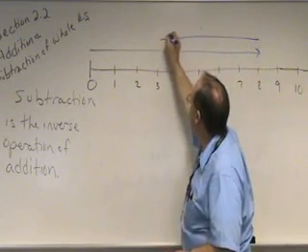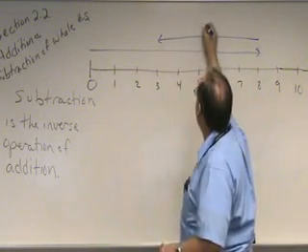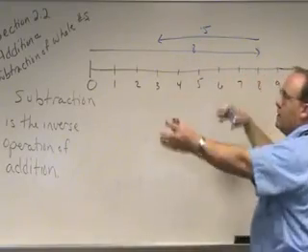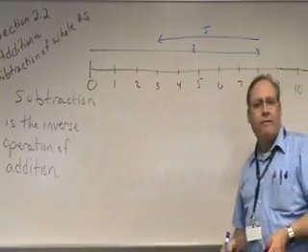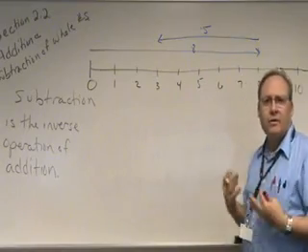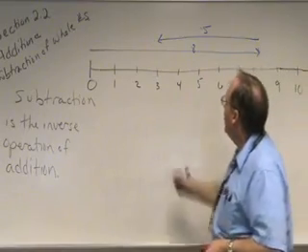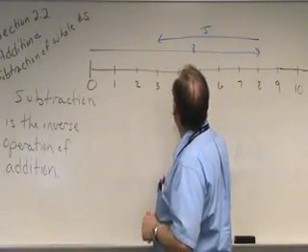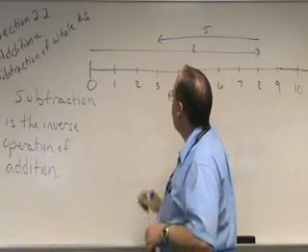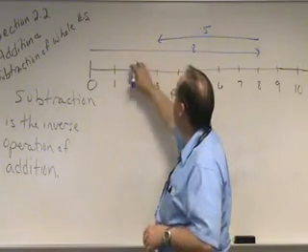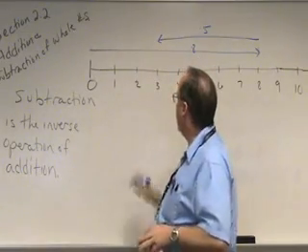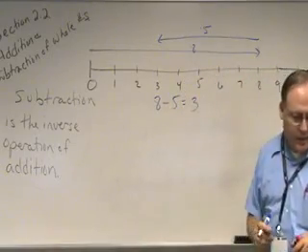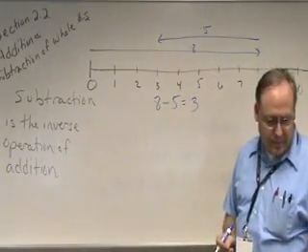And so here's the 5 that I am taking away. I am undoing that 5 out of those 8, okay? And you can see, by the way, that that is 3. So this is a number line illustration of 8 minus 5 is equal to 3.